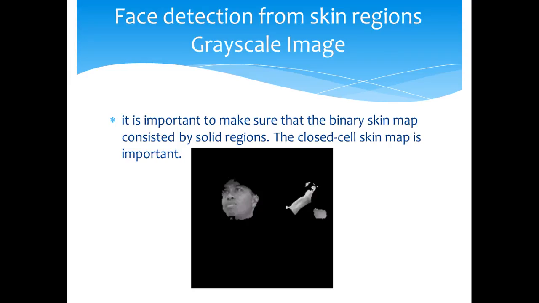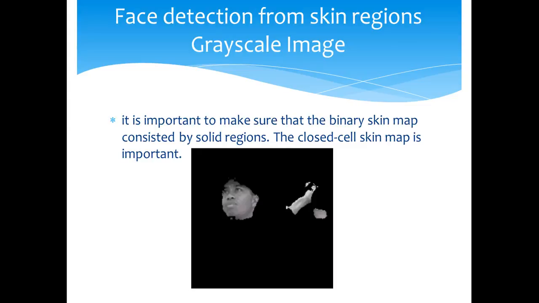Then it comes to face detection from skin regions. The first thing I will mention is to have a grayscale image. It's important to make sure that the binary skin map consists of solid regions. The closed-cell skin map is really important because the program makes sure the holes are found after the through-hole operation.